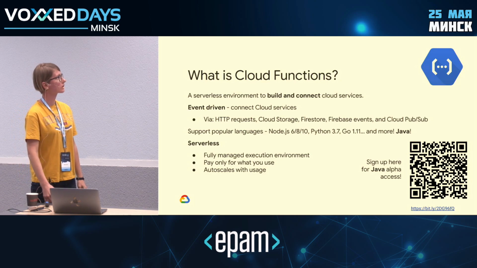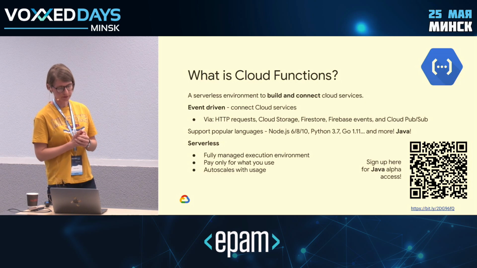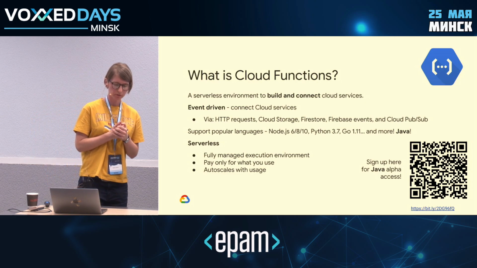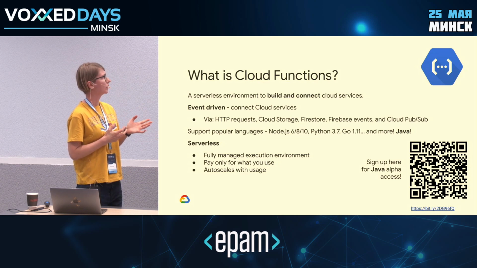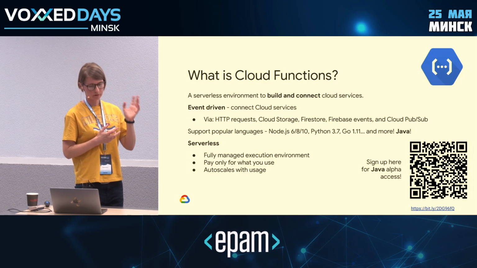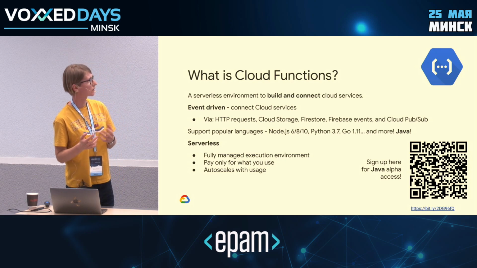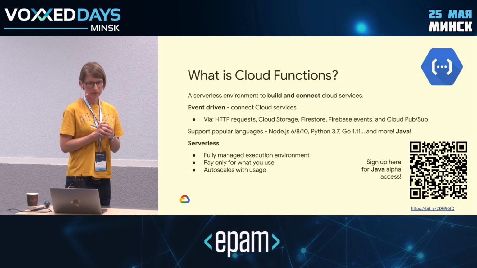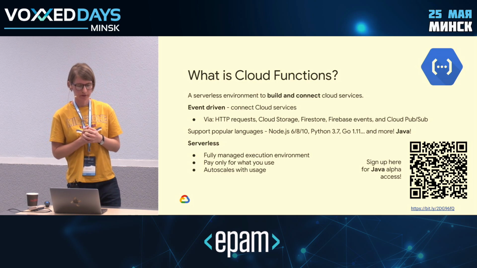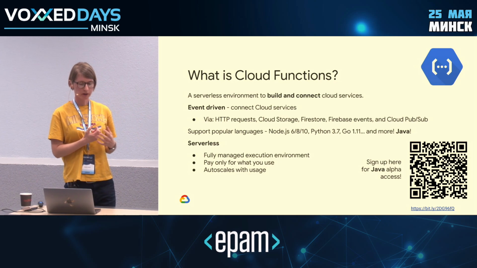Cloud Functions can be used to build and connect different cloud services. What's also very specific for Cloud Functions is that it's not only about HTTP, it's also about several other what we call event providers, like Cloud Storage, Cloud Pub/Sub, Firebase services. Thanks to Cloud Functions, you can very easily connect different services using different event mechanisms.